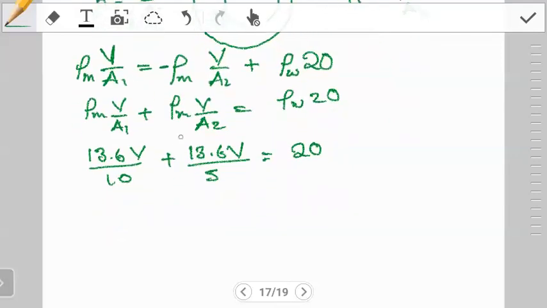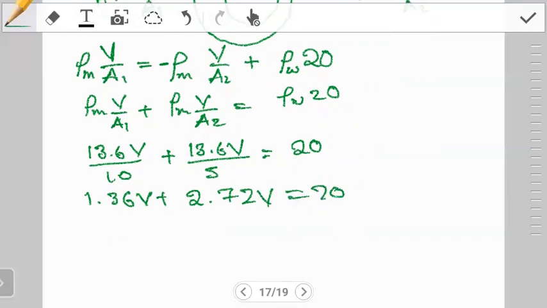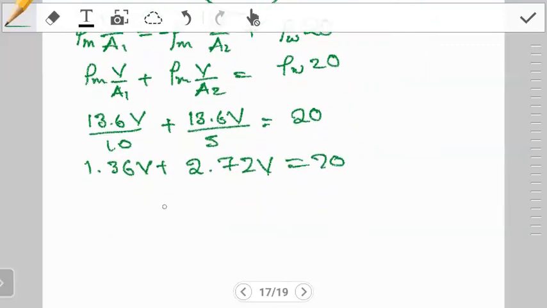So when you simplify here, what you're going to have is 1.36 V plus, and then this side, what you're going to have is 2.72 V is equal to 20. And then when you simplify, this becomes 4.08 V is equal to 20.